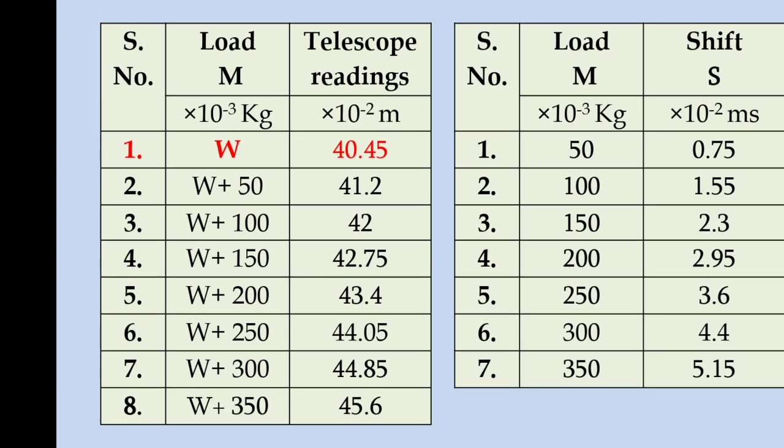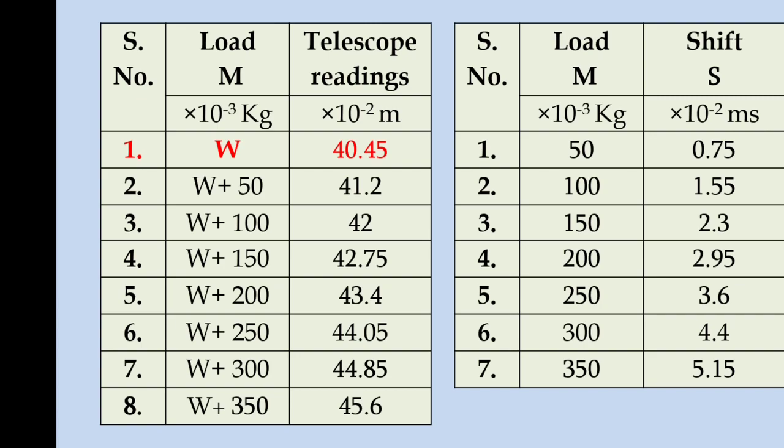Look at the next table where we have the load as 50, 100, 150, till 350, and we need to find out the corresponding shift for each load. For this, you have to subtract the dead load from every consecutive load.